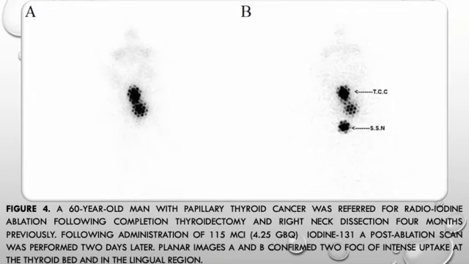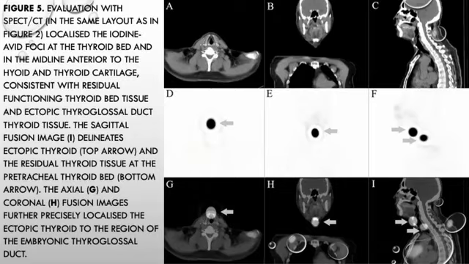Figure 4 is of a different patient, a 60-year-old man who was also referred for radioactive iodine ablation therapy, and we can see that the planar images A and B confirmed 2 foci of intense uptake at the thyroid bed and in the lingual region.